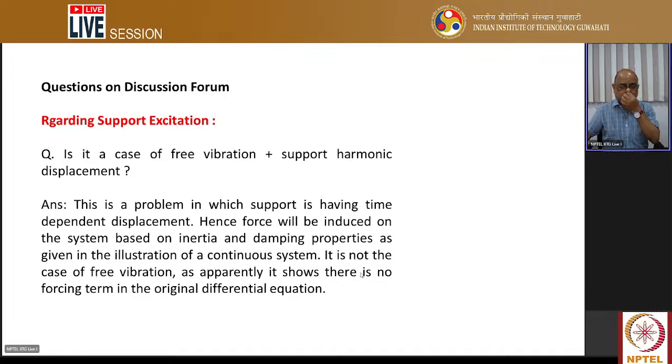So apparently it shows there is no force, but due to the inertia and damping properties, or the stiffness and damping in a discrete single degree of freedom system, force will be induced in the structure. So we have to obtain the forced vibration response. The forcing term contains the velocity of the support motion and acceleration of the support excitation, or the velocity of the support motion and displacement of the support motion.